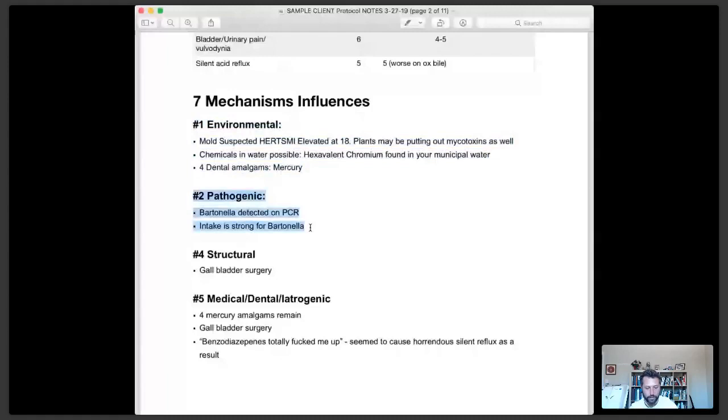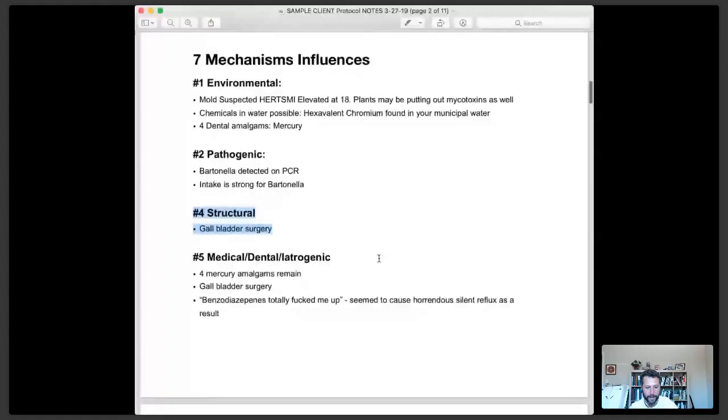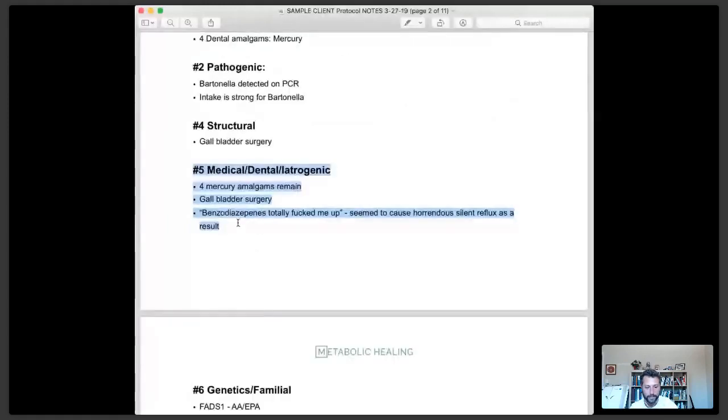Here are the structural issues that I found. So she had a gallbladder surgery. Here's some of the medical iatrogenic stuff. These are her own words. So the benzos, right? So I'm wanting to just go through all of this and send it to the client, and have this for my own reference.